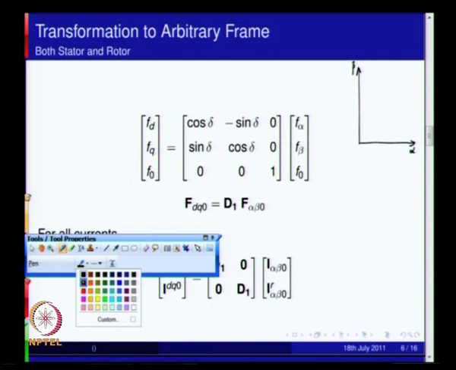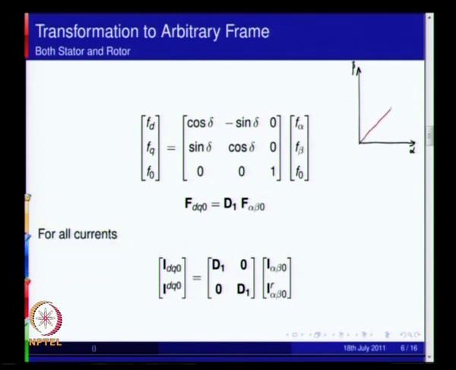So you have a d axis and then a q axis. This makes an angle delta at the given instant, and d delta by dt, which is the speed at which the new set of axes is going to rotate, we simply call omega x.